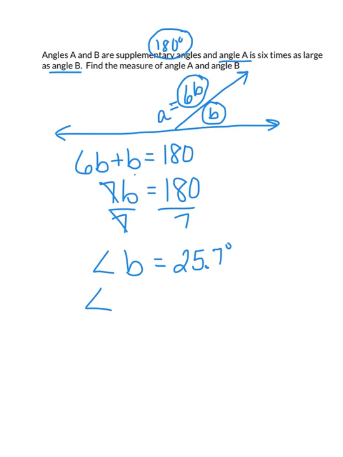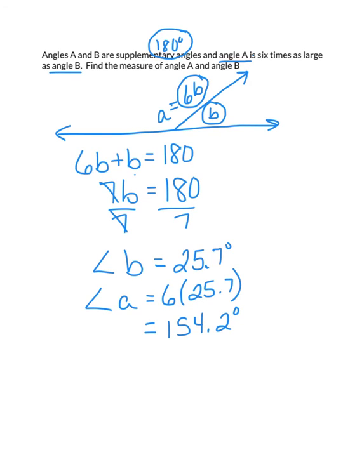Angle A is going to be 6 times bigger than this. So it's going to be 6 times 25.7, which equals 6 times 25.7 on my calculator, 154.2 degrees.